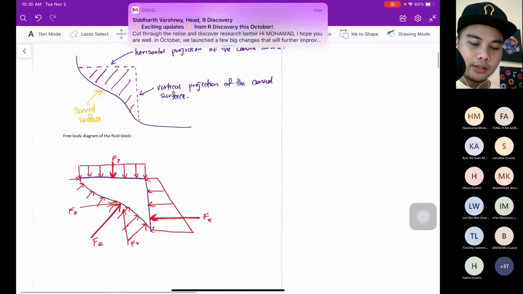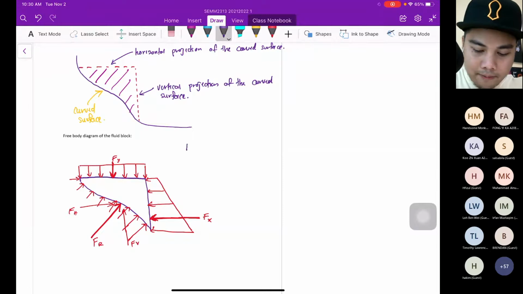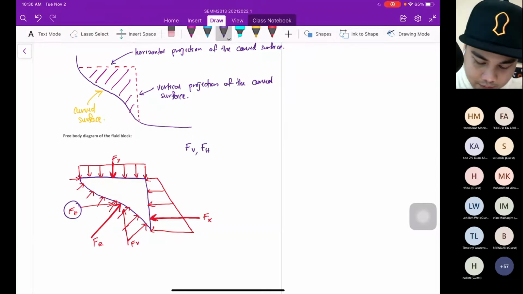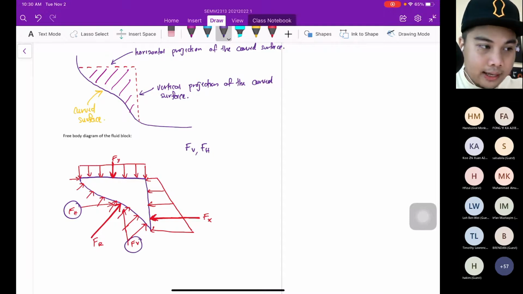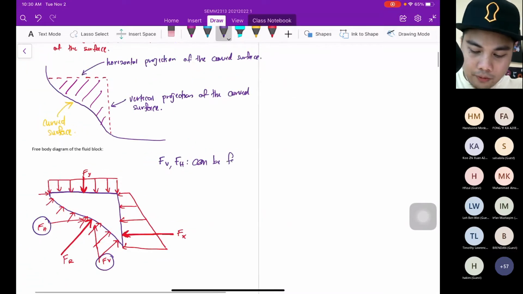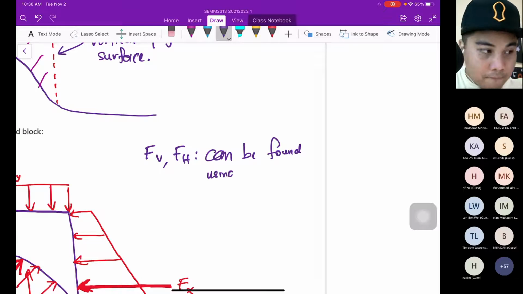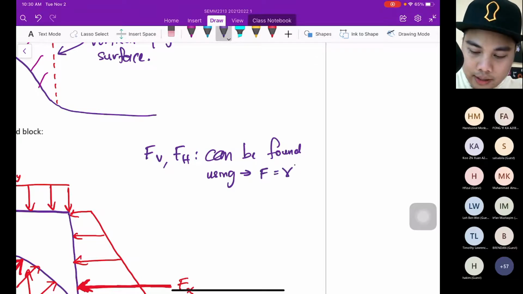So I would like to remark here, FV and FH here basically can be found using F equal to gamma HA.